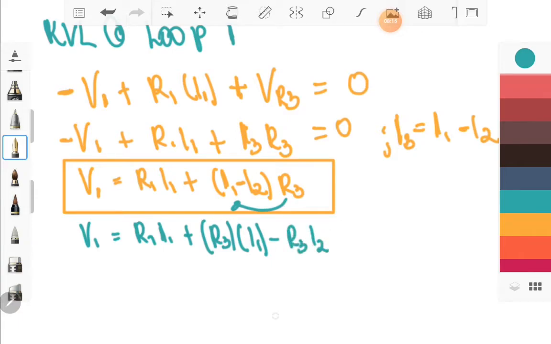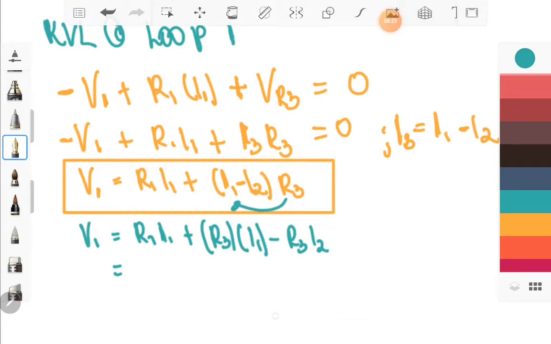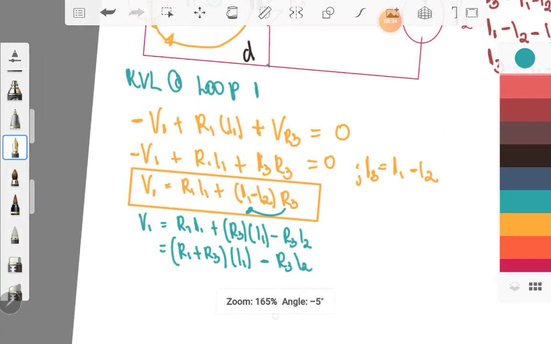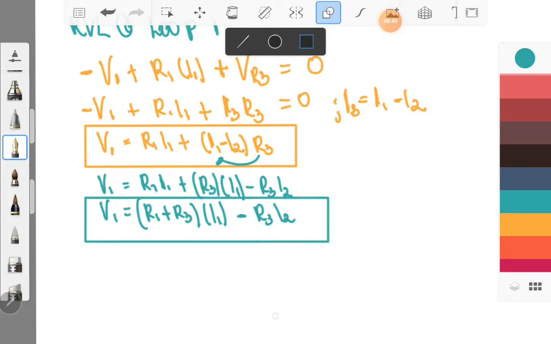We group all the terms with I1: R1 plus R3 factoring out I1, minus R3 I2. This will be equation 1, used in getting the values of I1 and I2.